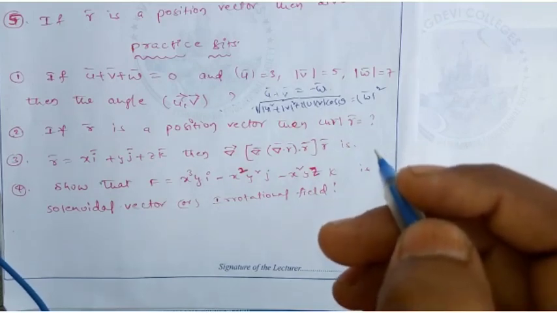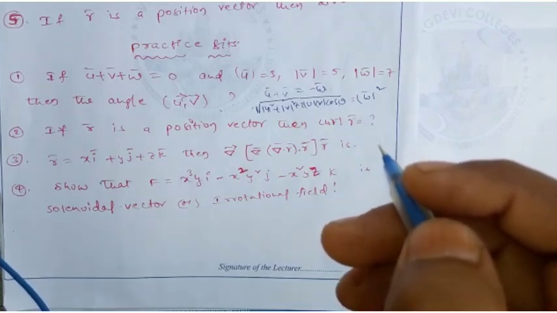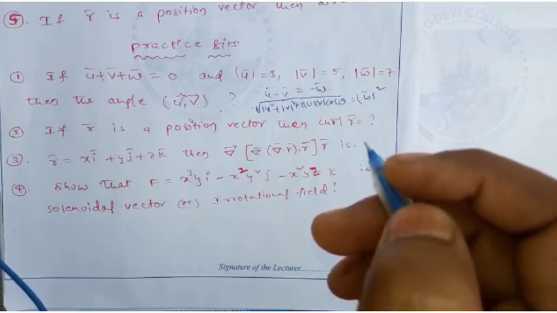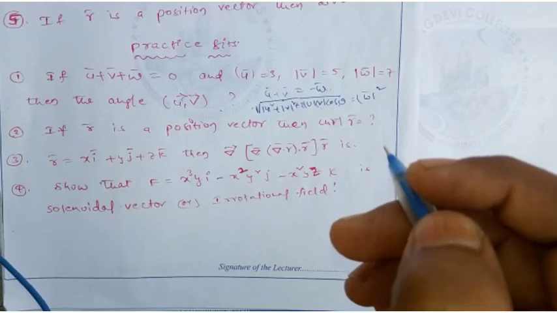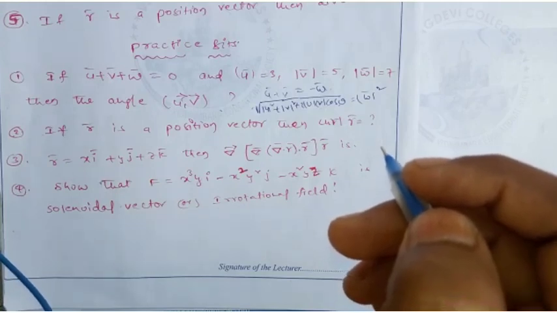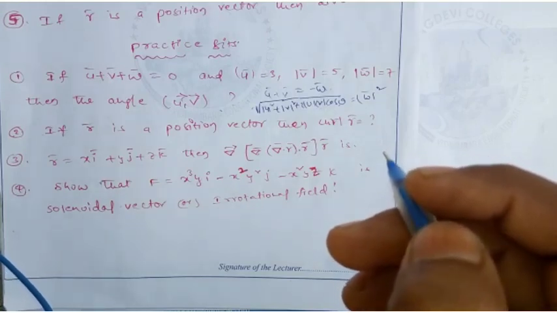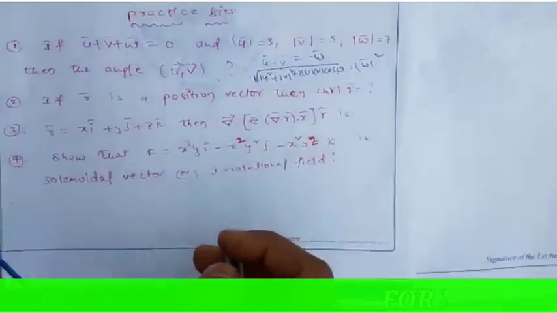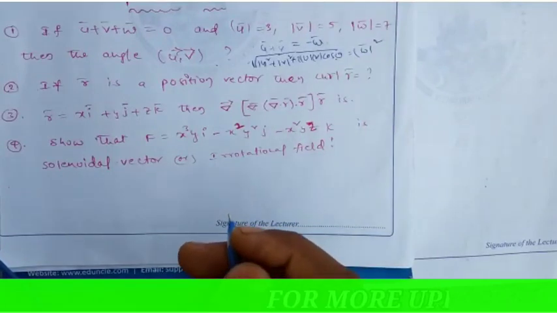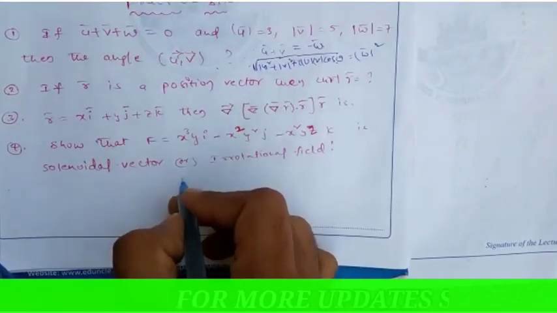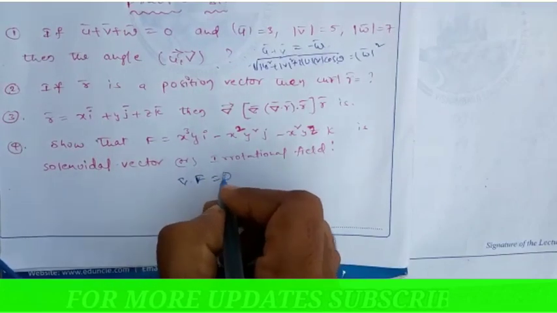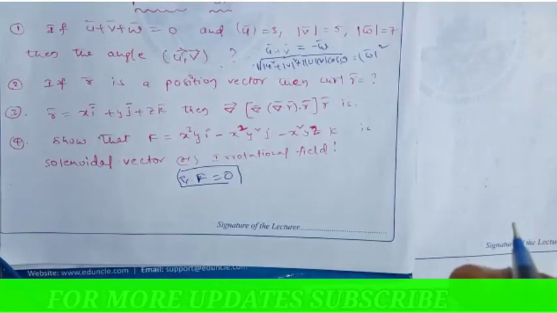Next, the fourth one: show that f is equal to x cube y i minus x square y square j minus x square y j k is a solenoidal vector or rotational field. A vector is called a solenoidal vector, or it is a rotational field, if divergence is 0, that is, divergence of the vector f is equal to 0. So here you have to find the divergence of the given f.